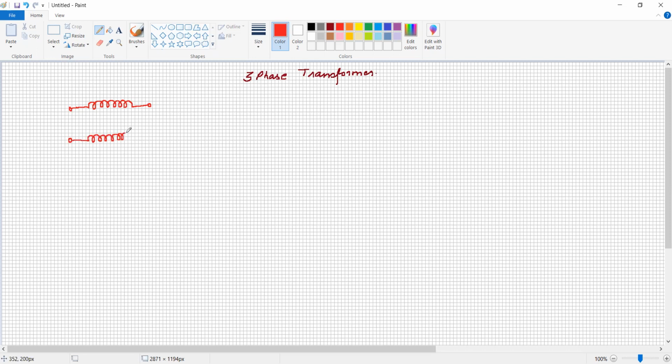What is the correct procedure to connect primary winding and secondary winding, either in star or delta? These three windings are the secondary winding.